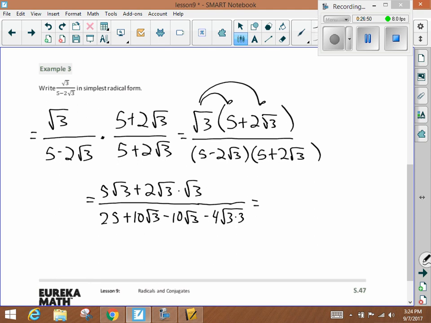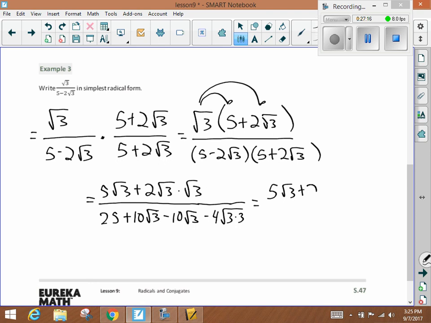Let's simplify all this stuff. If I have 5 root 3 plus 2 root 3, I get 7 root 3s. Jumped the gun. How about we call this 5 root 3 times, well, we have root 3 times root 3, which is just 3.